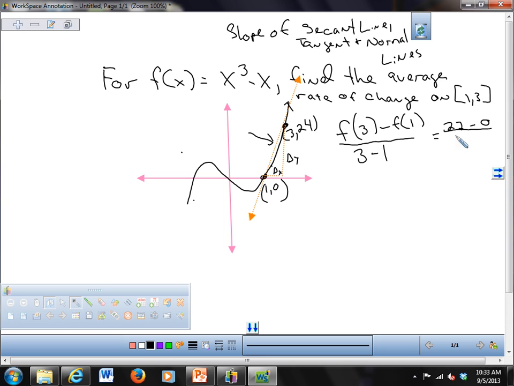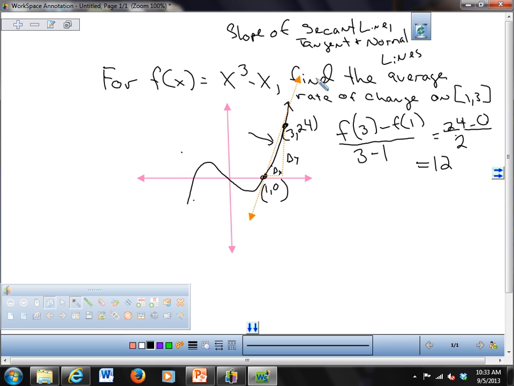And 3 minus 1 is, did I do something? That's wrong. It's 24, sorry. That's 24. And if I plug in 1 in here, I get out 0. And then 3 minus 1 is 2. So I get that the slope of that secant line is equal to 12, right?